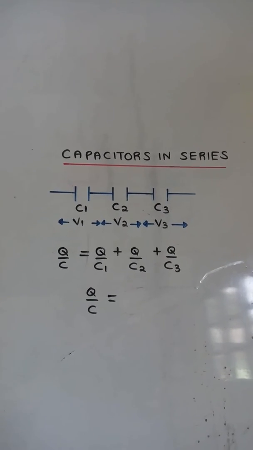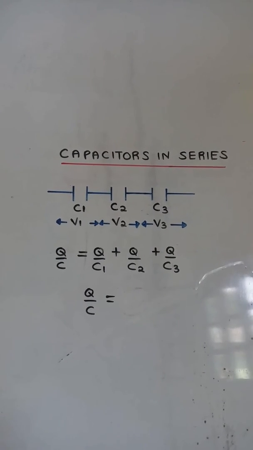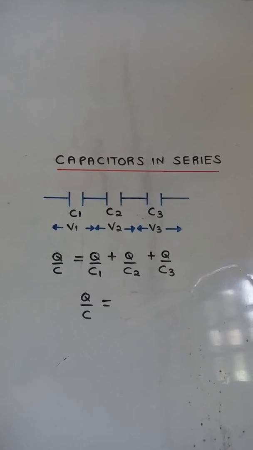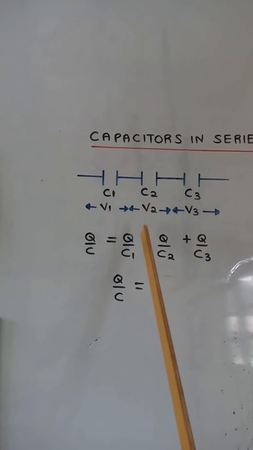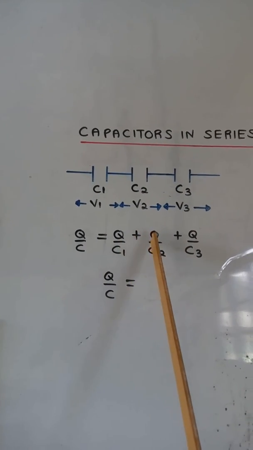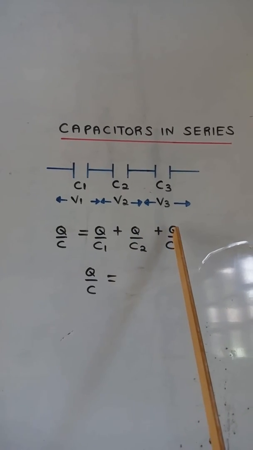Then, amount of charge over total capacitance is equal to, amount of charge is common to this side.